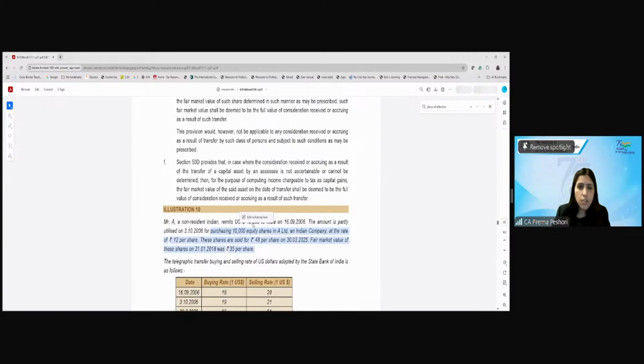When the shares are sold through a recognized stock exchange, buying rate and selling rate we will not use, no? Why? Why we will not use?